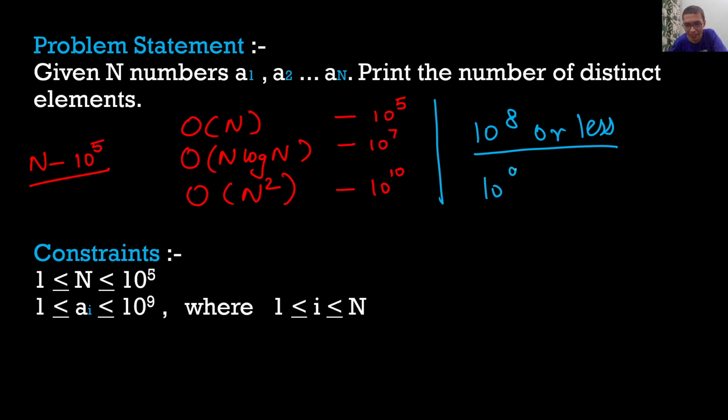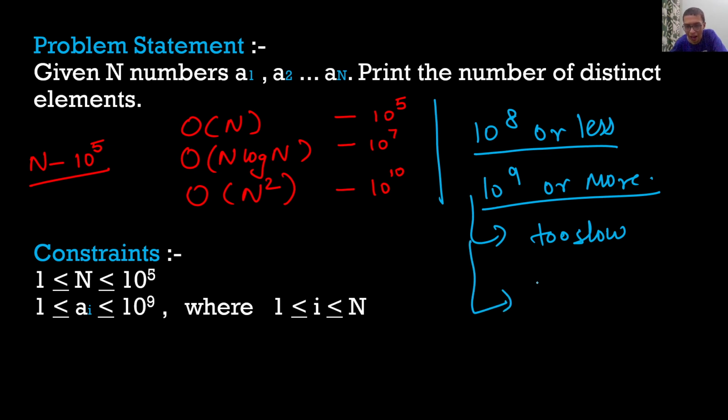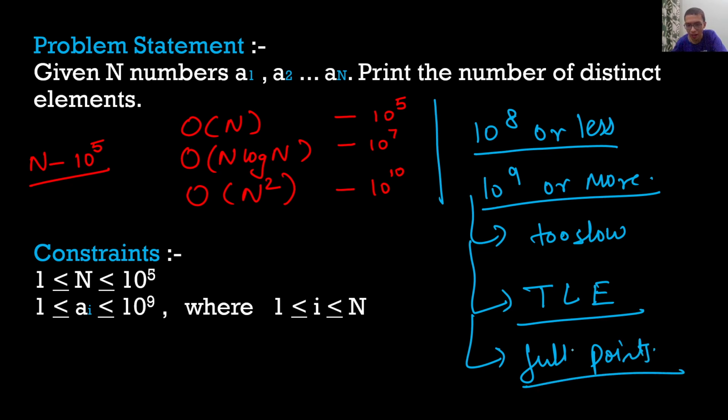But if it takes 10 to the power 9 steps or more, then it is probably too slow, and if I submit the code for this particular approach, then I might get an error called TLE, which means time limit exceeded, and I may not get the full points for submitting the code, right?